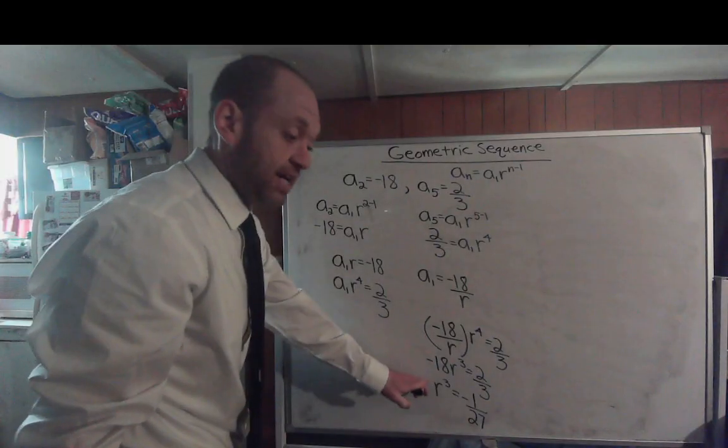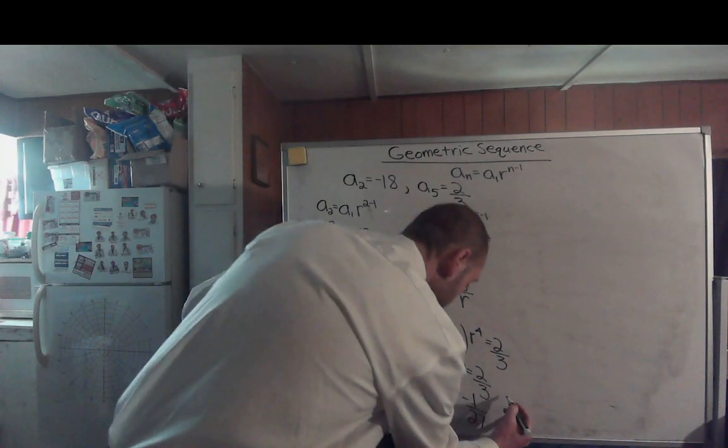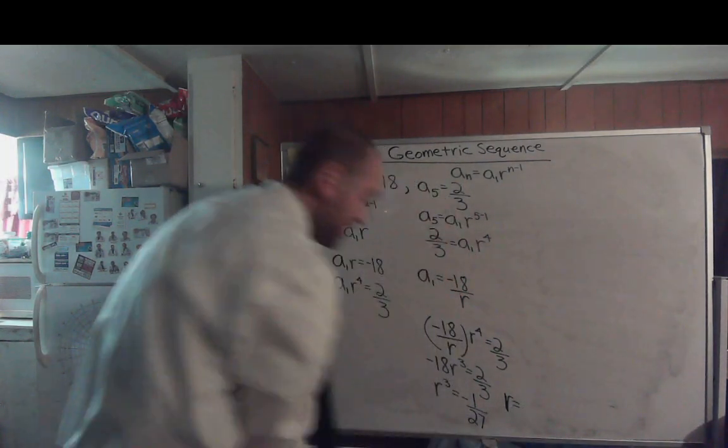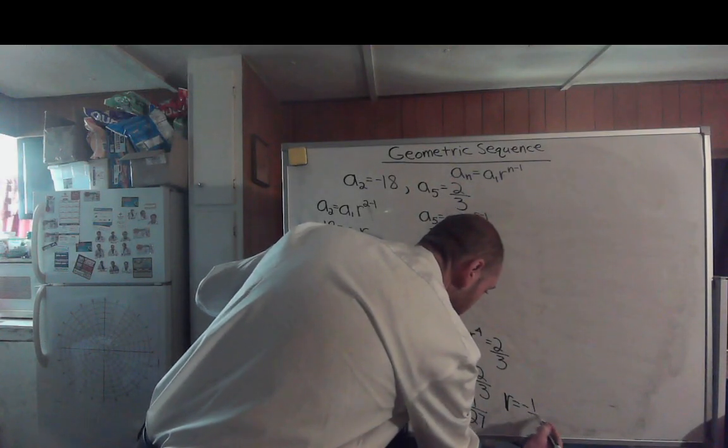And we can take an odd cube root of negative 1/27. Our common ratio would just equal negative 1/3.